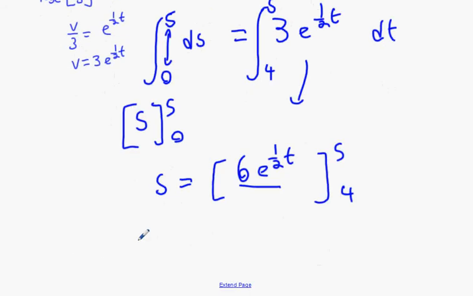So we're going to get s equals 6e to the 5 over 2t minus 6e to the 4 over 2t. Oh, sorry, there's no t, because t is 5 and t is 4. So that's your answer there, guys. Plain and simple, right?